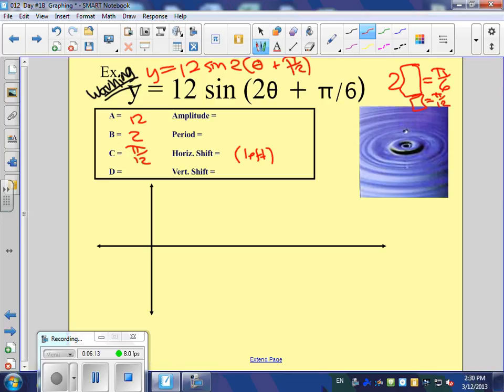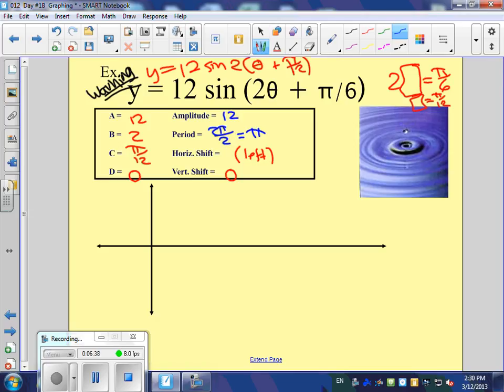Just like it was before. And I don't see any up 1 or up 2 or down 3. What's your amplitude for this one? 12. And the period is 2 pi, a normal cycle, over 2. So 2 pi over 2 is just going to be pi. And we've seen this one before.